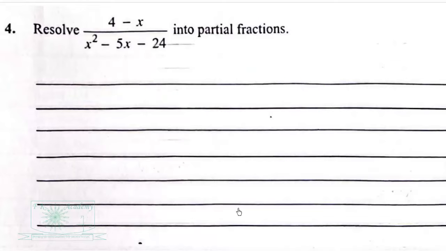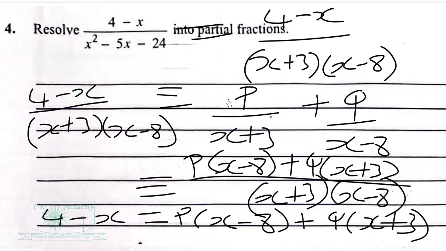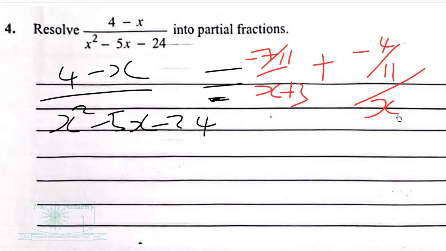So the partial fraction resolution will be 4 minus x over x squared minus 5x minus 24 is equal to p over x plus 3, which is negative 7 over 11 over x plus 3, plus negative 4 over 11 over x minus 8.